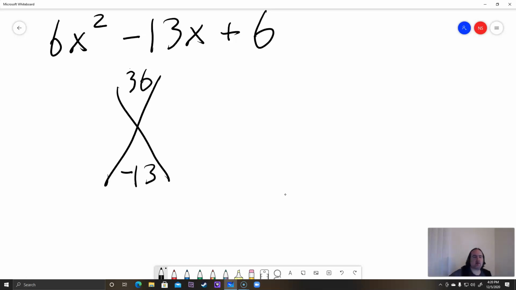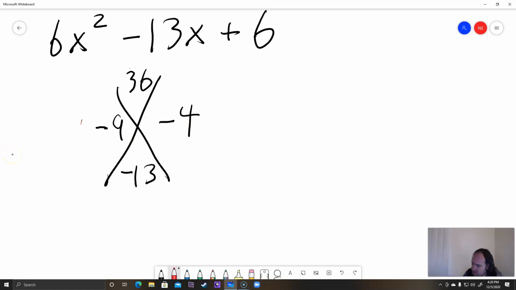Okay, and we actually dealt with these same numbers in an earlier problem. So hopefully you remember that to multiply to a positive and add to a negative, they both have to be negative. And then if we do negative 9 and negative 4, negative 9 times negative 4 is positive 36. But negative 9 plus negative 4 gives you negative 13.